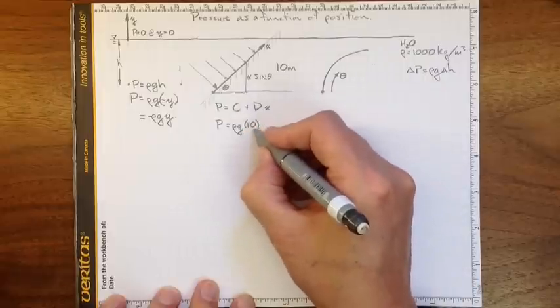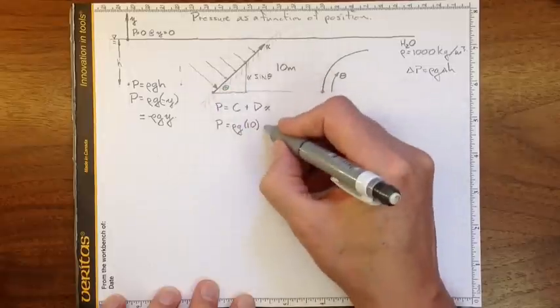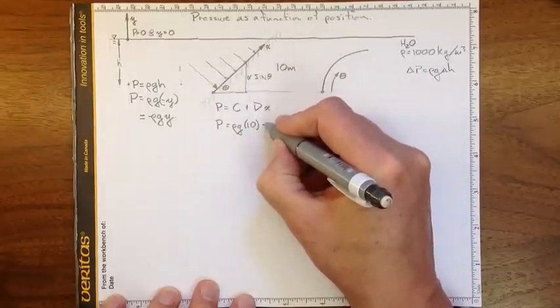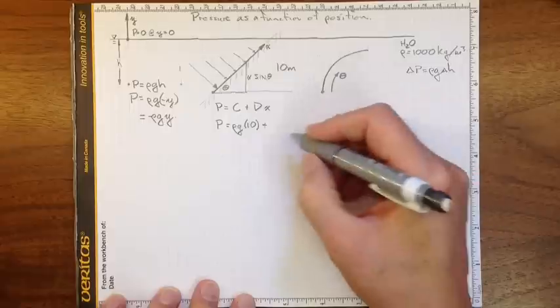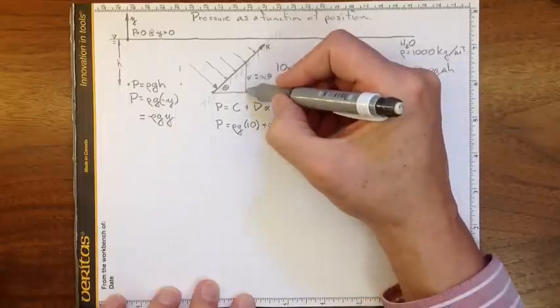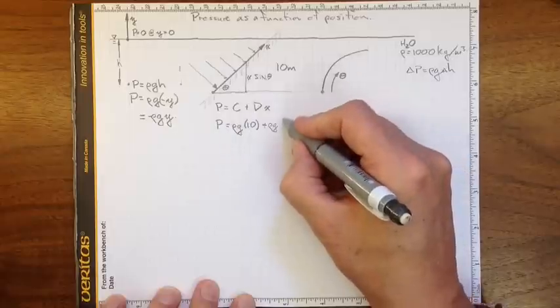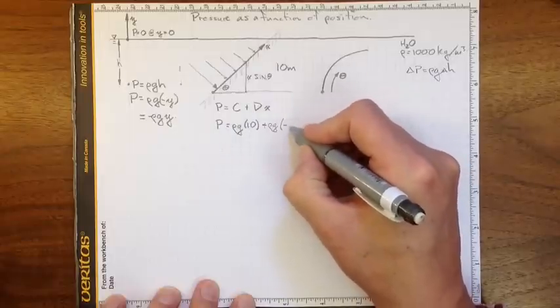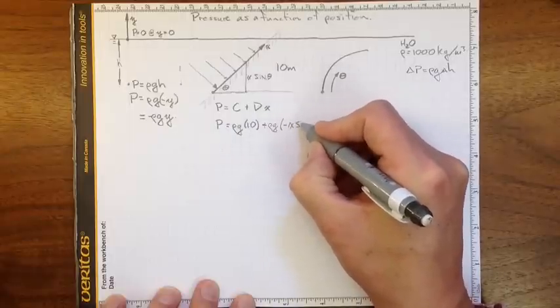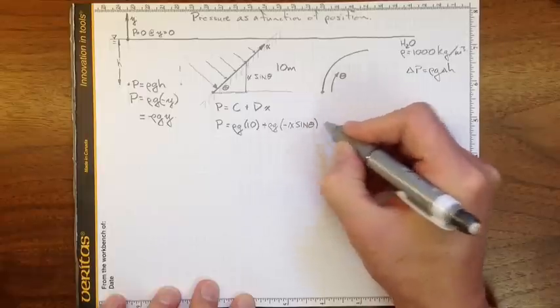So rho g times 10 is the constant here, where x is equal to 0, plus rho g, the change in the depth under the water, which is negative x sine theta. We're moving up as we have an increase in x.